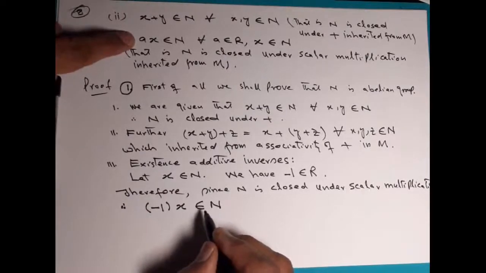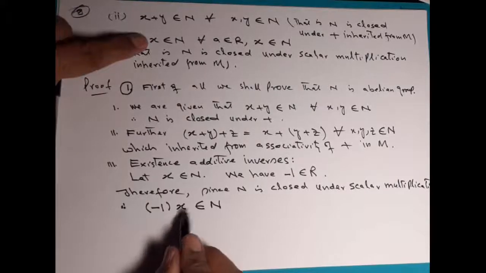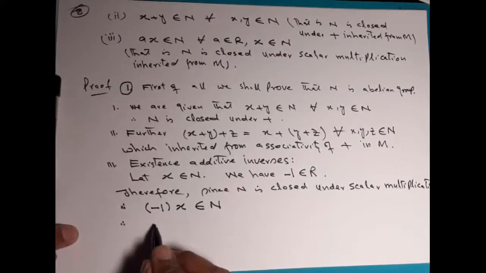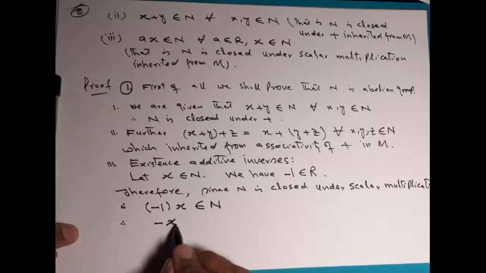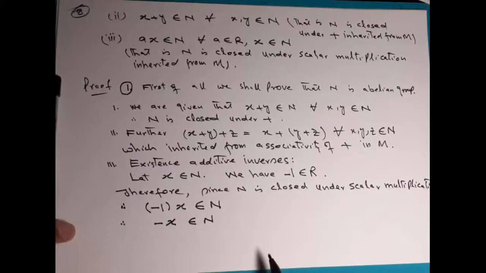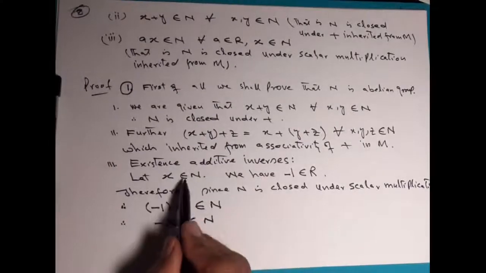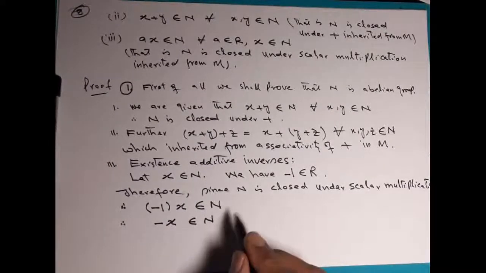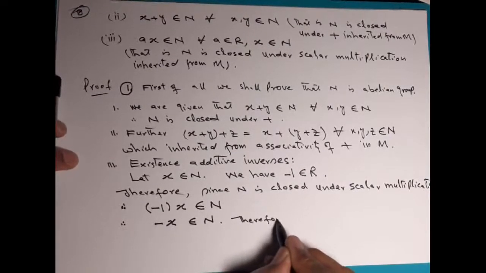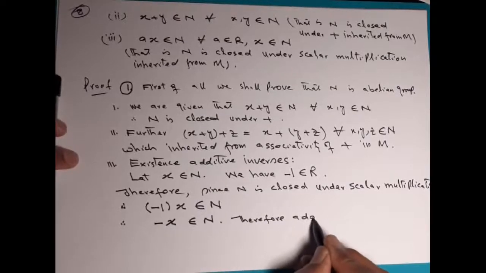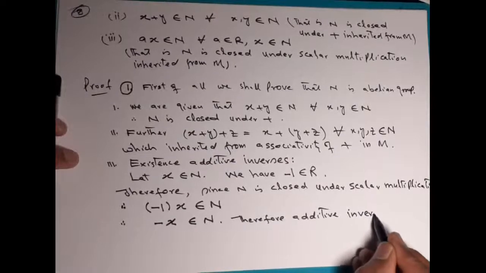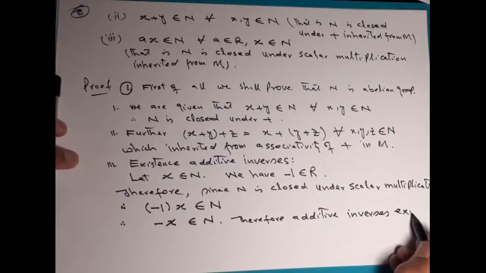Here a is minus 1 and x belongs to N, and therefore minus 1 into x is equal to minus x. Therefore minus x belongs to N. So we have proved that if x belongs to N, then minus x belongs to N. Therefore additive inverses exist in N.